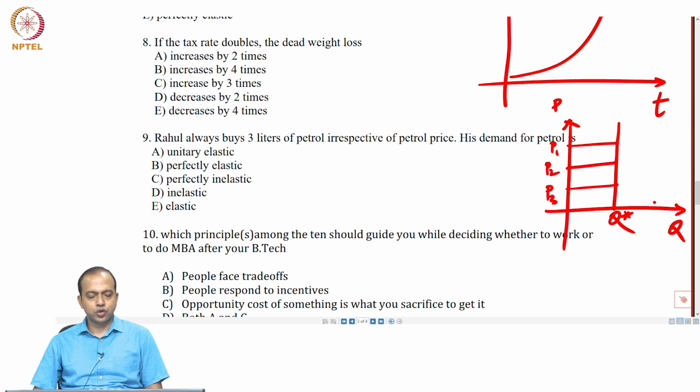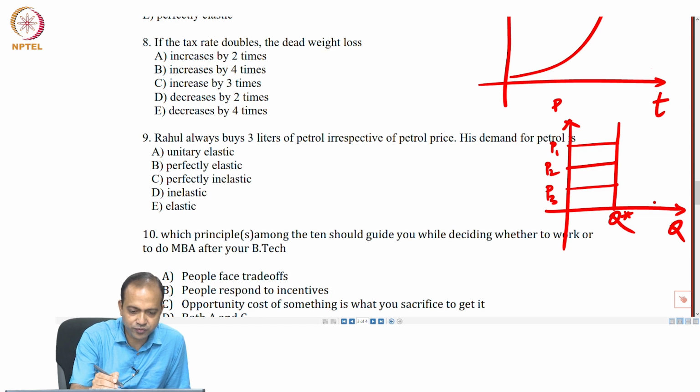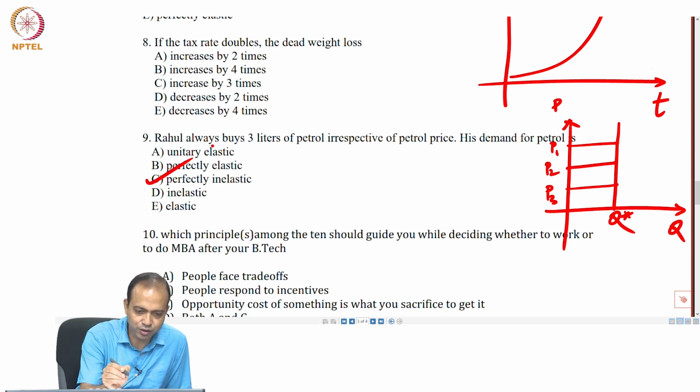Whatever happens to the price, my petrol consumption remains the same as Q star. So, I can say that my responsiveness of petrol consumption is completely inelastic, and then the option would be perfectly inelastic, option C.